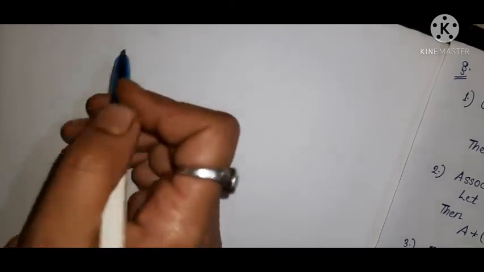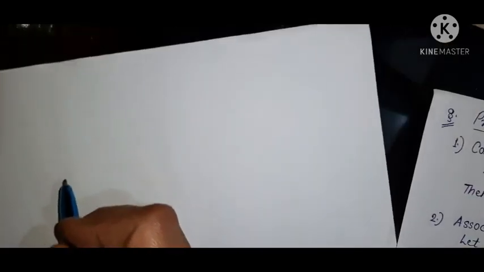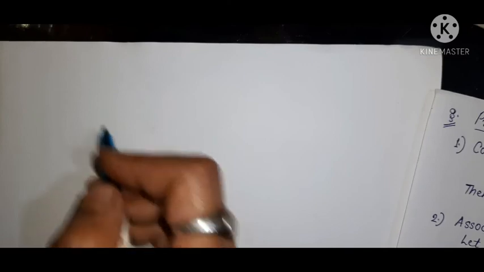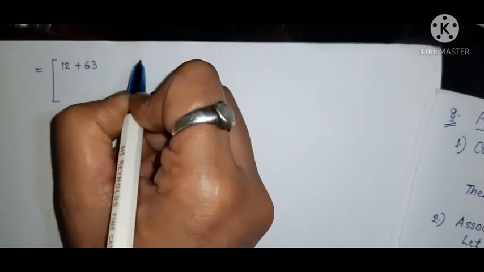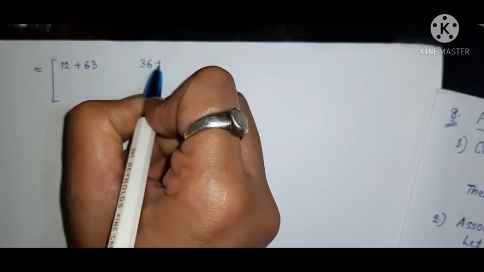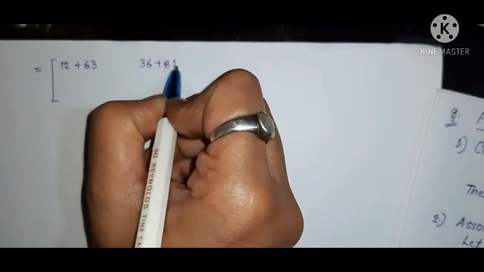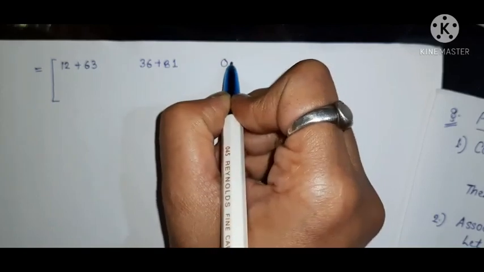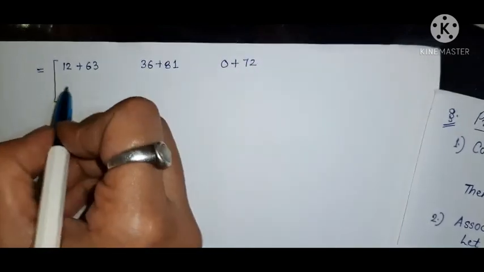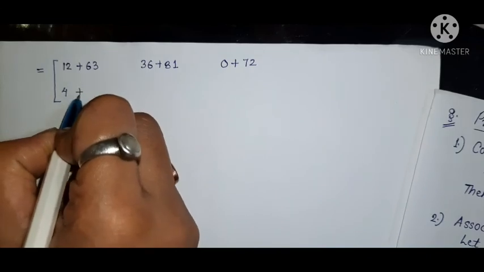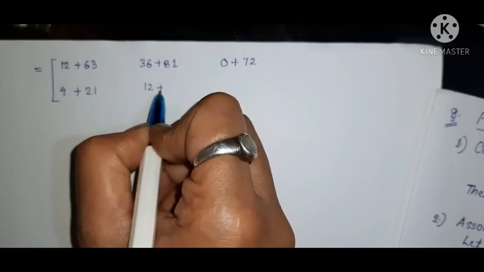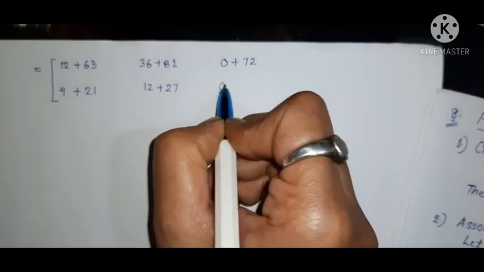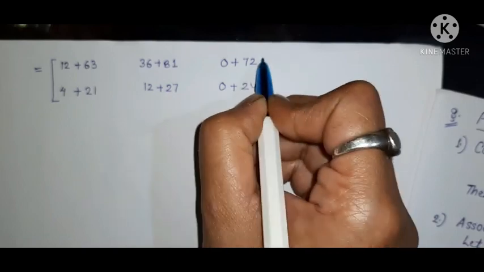So the result will be equal to 6 2s are 12 plus 9 7s are 63, 6 6s are 36 plus 9 9s are 81, 0 plus 9 8s are 72, 2 2s are 4 plus 3 7s are 21, 2 6s are 12 plus 3 9s are 27, 0 plus 24.